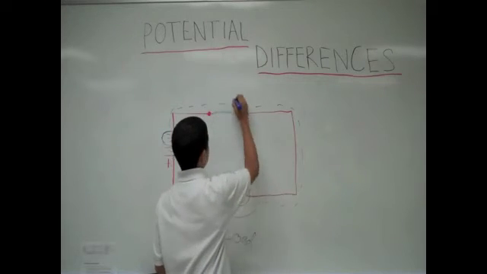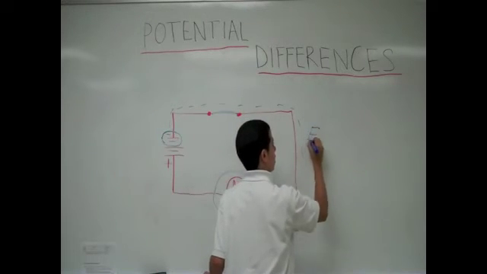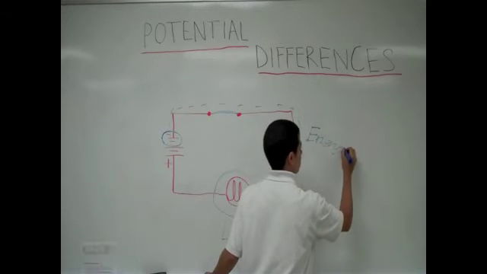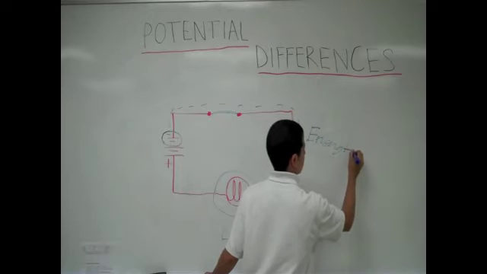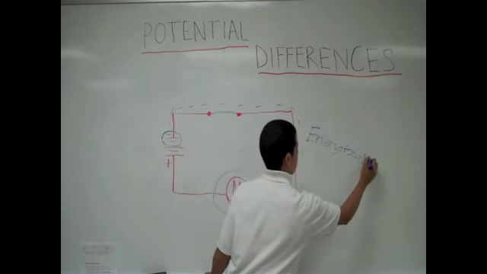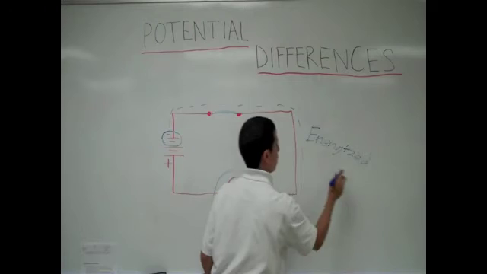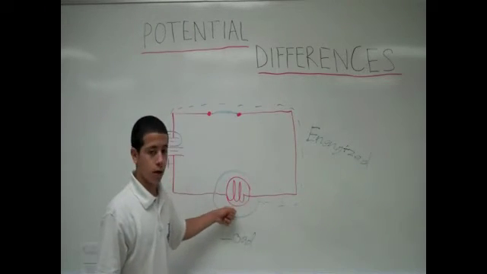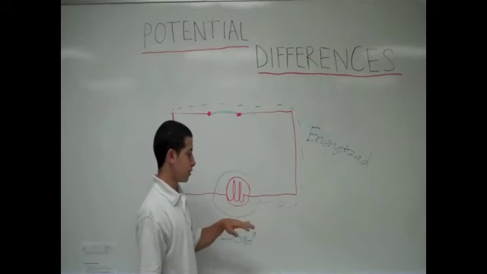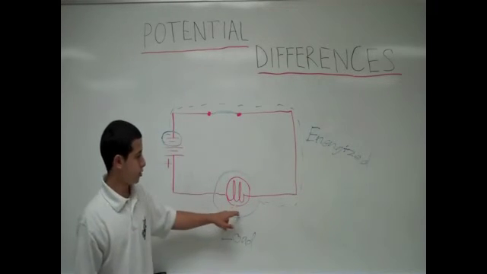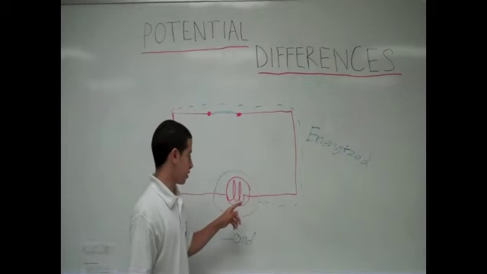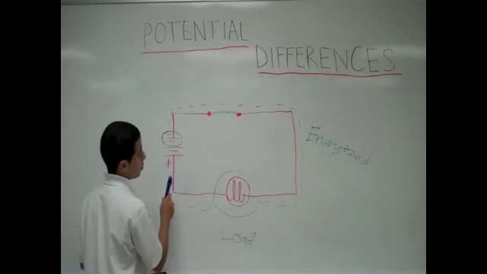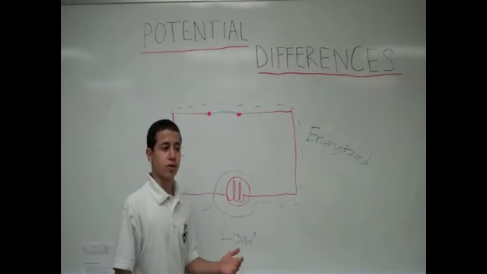So these here are energized. These are energized electrons, but once they have passed the light bulb, they already used up their energy and they've converted it into light, and then they become de-energized and they travel back to the battery to get re-energized.